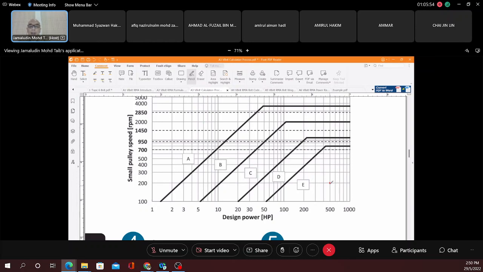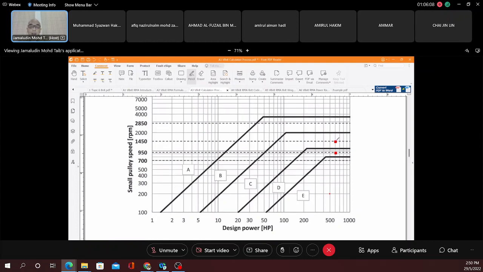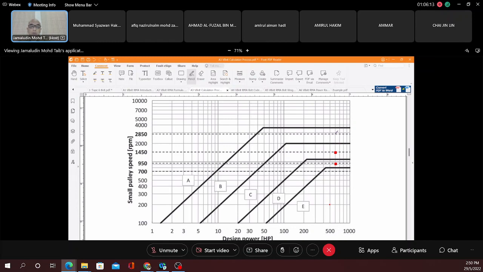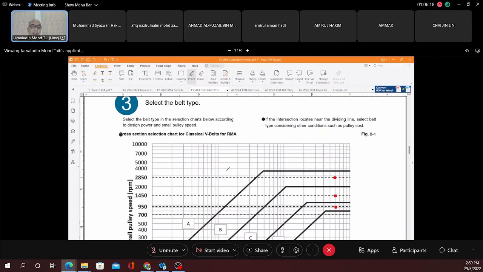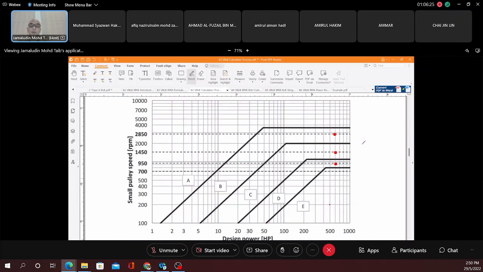If we run at 950, I have to choose D type of belt. If we run at 1,450 RPM for the small pulley, that will be a C type of belt. If you run at 2,850, that will be B type. And finally, if it runs higher, maybe a value of, let's say, 4,000, it will be A type of belt. This is how we choose the type of belt.